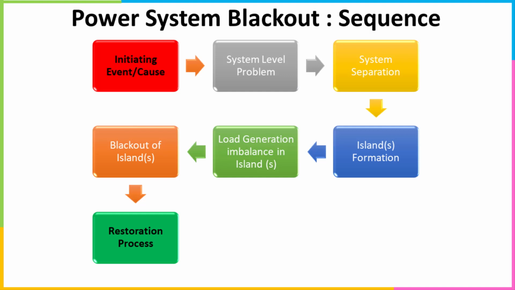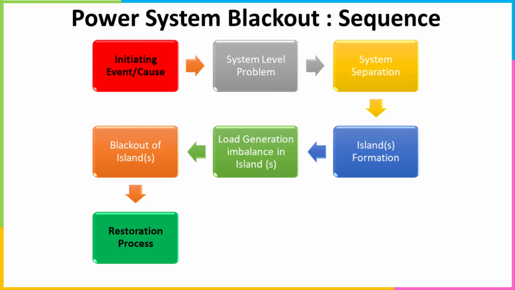In terms of how the restoration process will depend, first you have to find out what problems are there in the grid, and based on the assessment of the grid, you have to start preparing your restoration sequence, how you are going to restore the system. You have to first have a wide-level view.